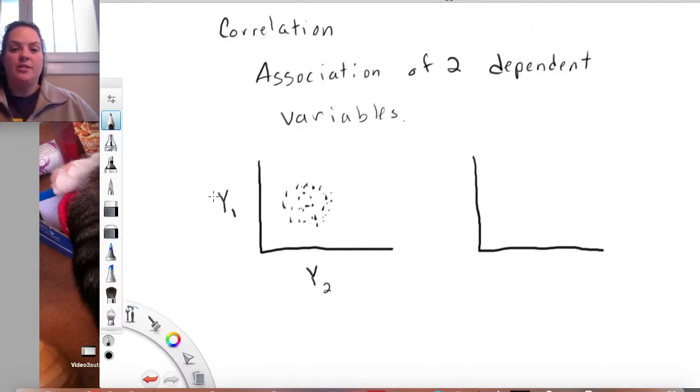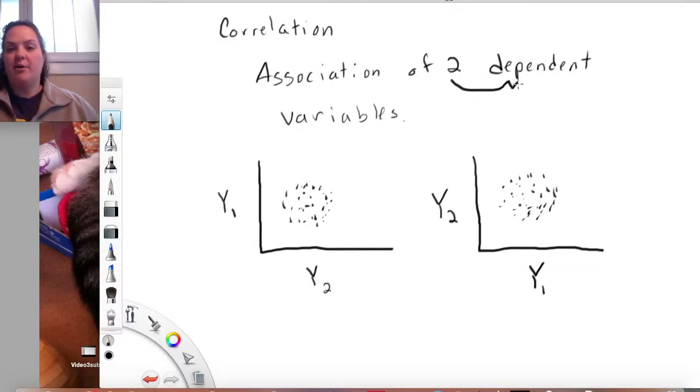And you'll learn this in further videos, but because we're just doing the association of two dependent variables, we can easily change these axes. It doesn't matter which variable is on which axis because we're not implying a cause and effect relationship. Okay, so, one thing I forgot to mention, which is very important, with correlation, these two dependent variables that we're talking about are both continuous.